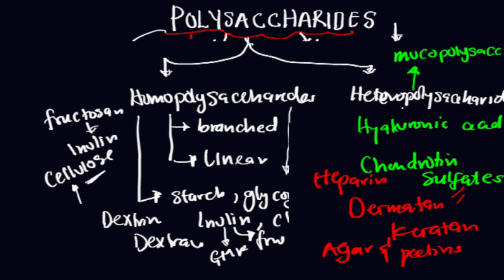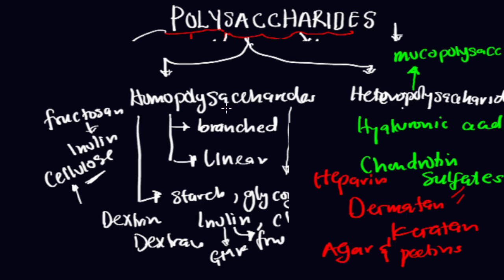But I'm going to explain those in a separate video. So now, summary points. Polysaccharide simply means what? Polymers of monosaccharides. That is polymers of sugar, a complex form of sugar. They are divided into homopolysaccharide and heteropolysaccharide.